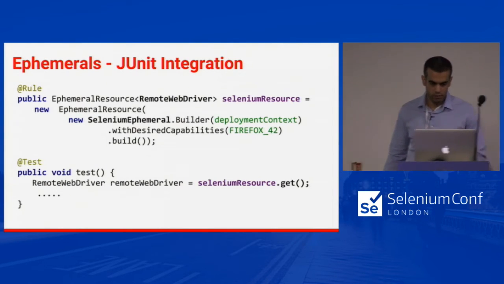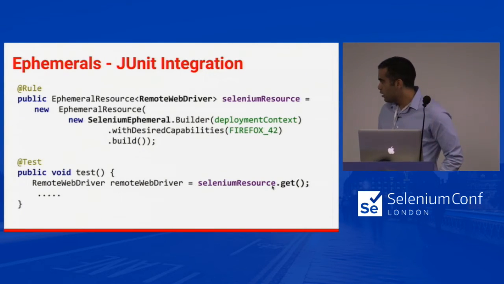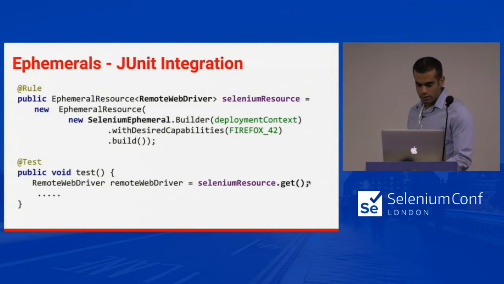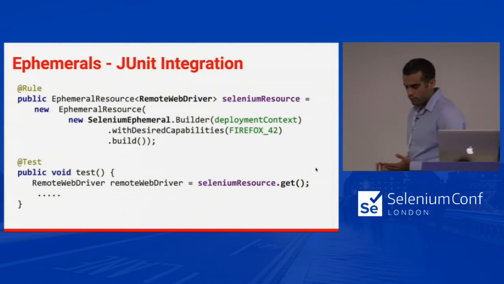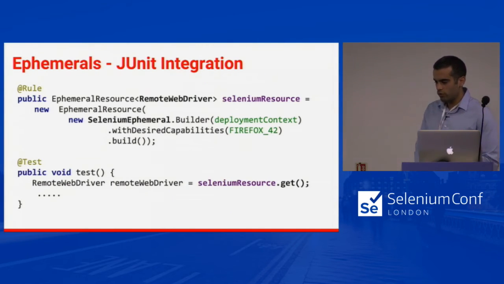And inside the test, at the beginning of the test, I can invoke the Selenium resource get method, and it will start deploying the new container into the cluster. And in a few seconds, I will have a new remote web driver instance, which I can work with during my tests.